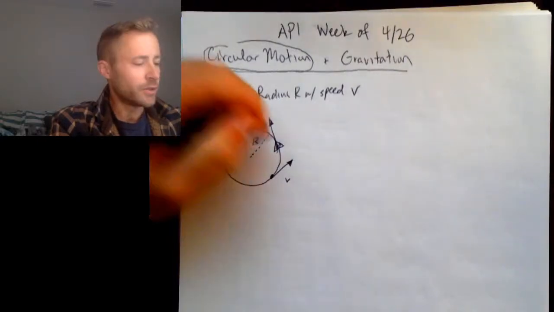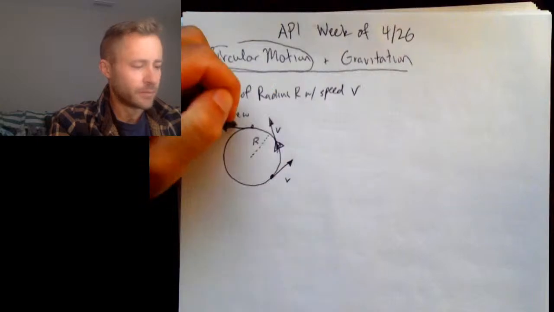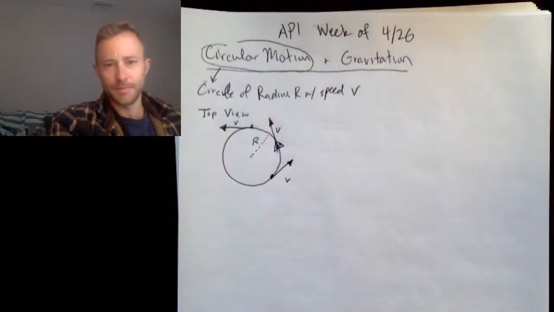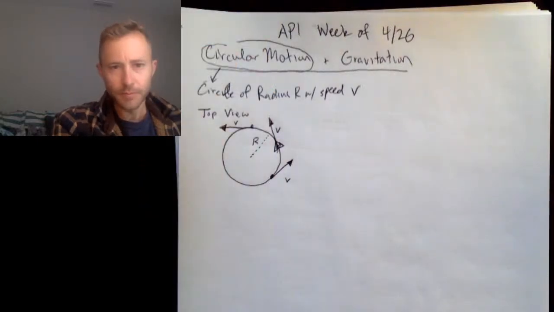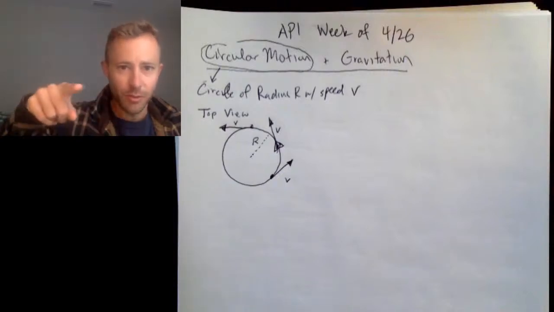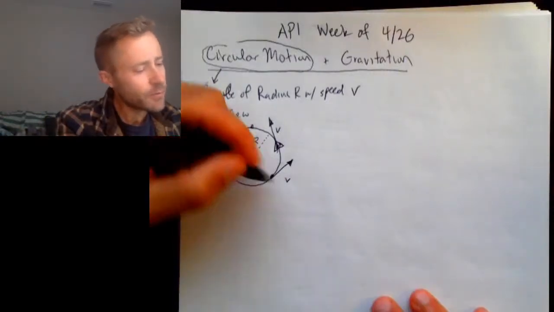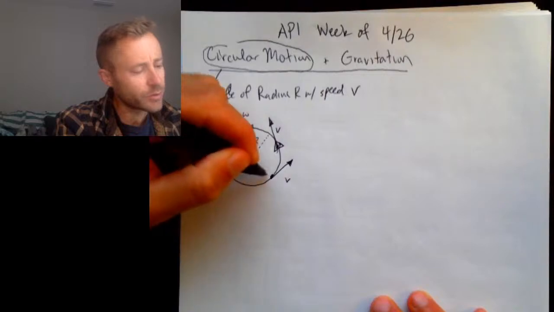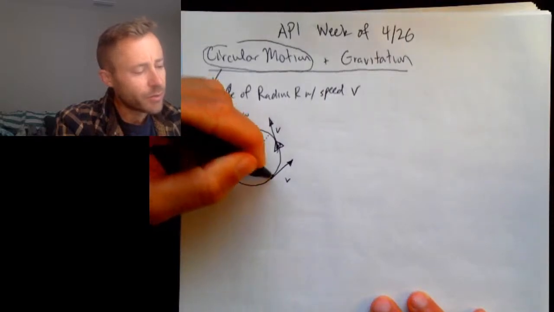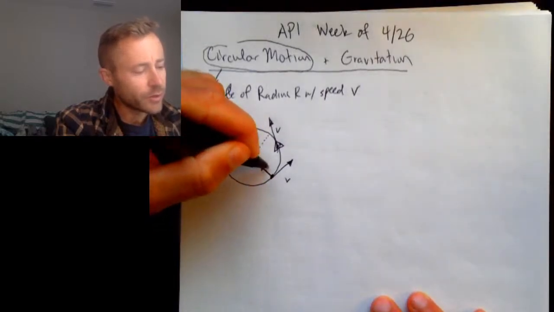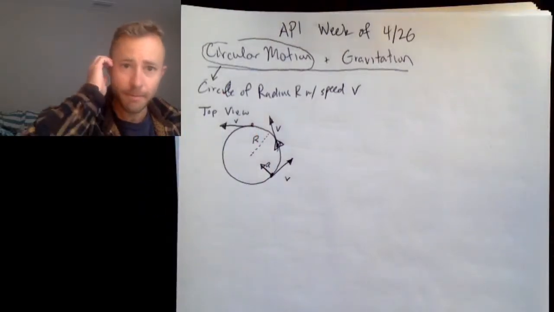And then the acceleration, which is called the centripetal acceleration, you're not accelerating because you're speeding up or slowing down. You're accelerating because the direction is changing. And in the case of circular motion, that acceleration points in towards the center.